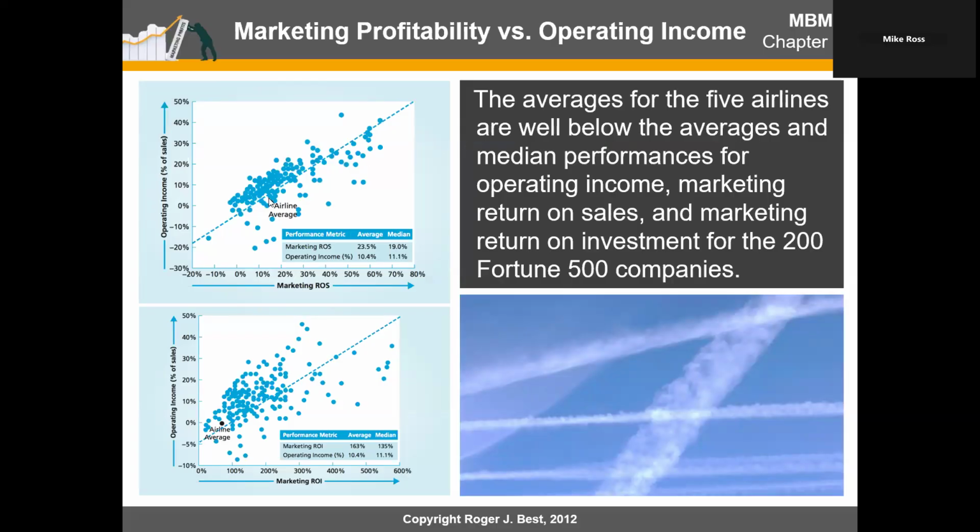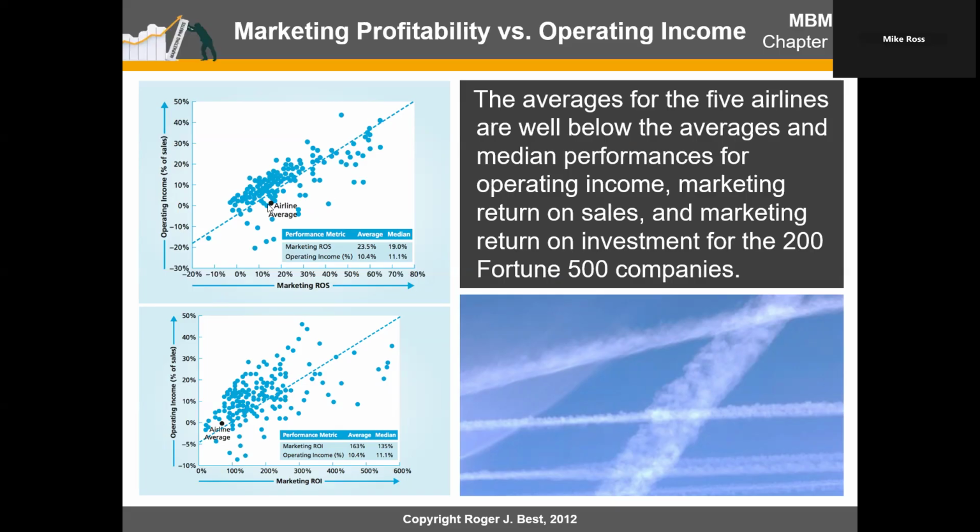The average airline seems to be below the line around marketing return on sales versus operating income, and then operating income versus marketing return on investment. What's interesting is that return on sales versus return on investment, right? You think about where does that reside on the income statement?